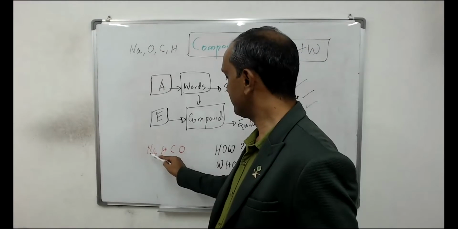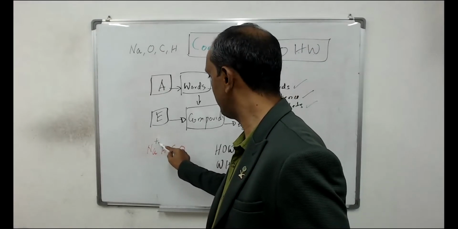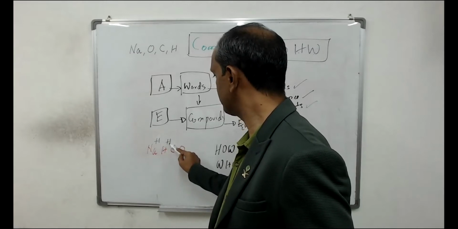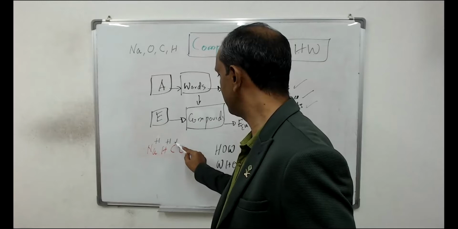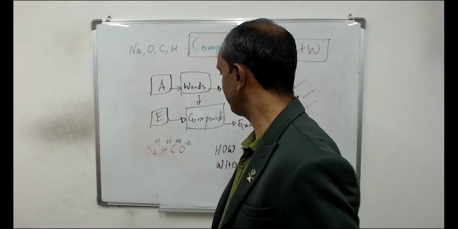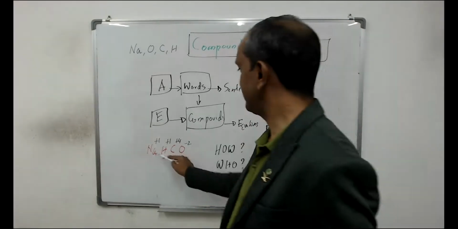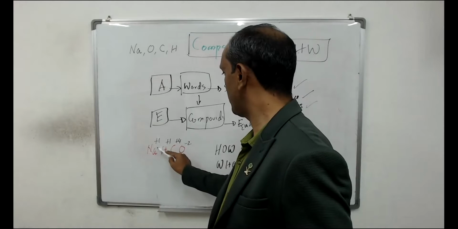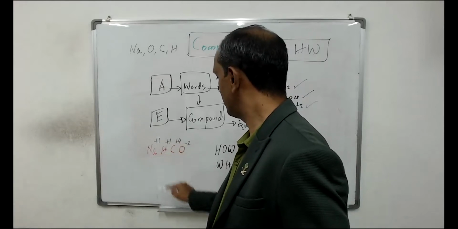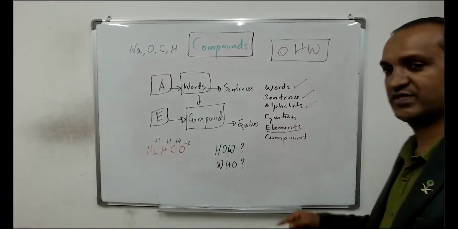Sodium, being a first group element, loses 1 electron to form Na+. Hydrogen, H+. Carbon 4+, and oxygen 2-. Sodium, hydrogen, and carbon lose 1, 1, 4 electrons respectively, whereas oxygen gains 2 electrons to become electronically stable.